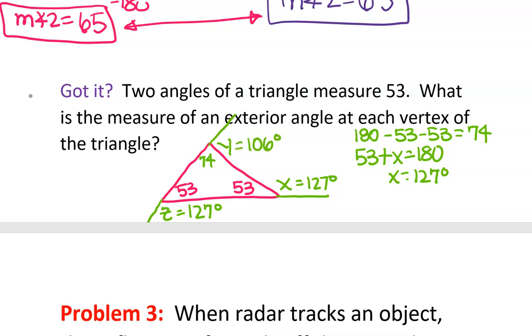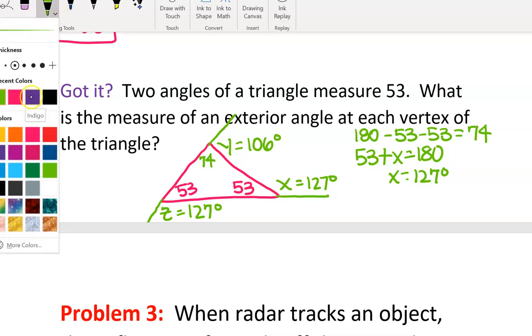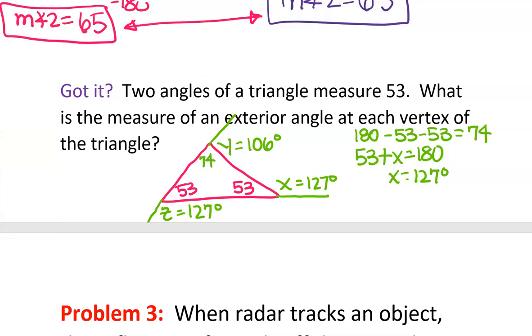Okay, now let's back up and use that exterior angle theorem also to show you that you do get the same answer. So if you're looking for this exterior angle, you're going to add 53 plus 53. So y equals 106.